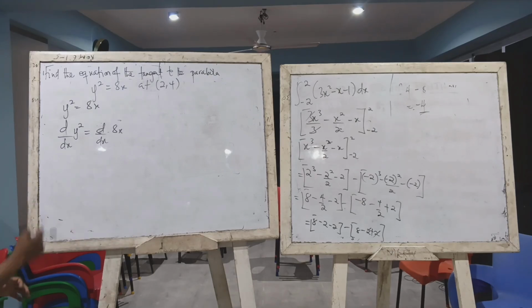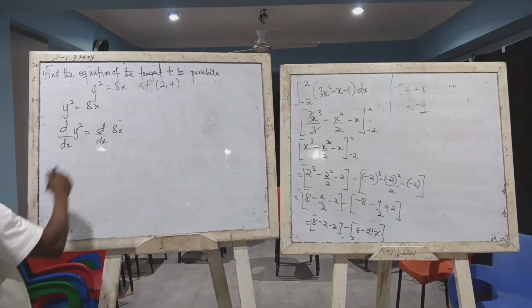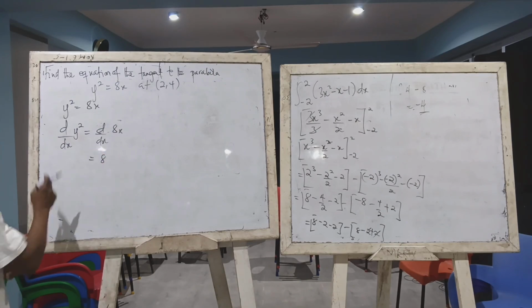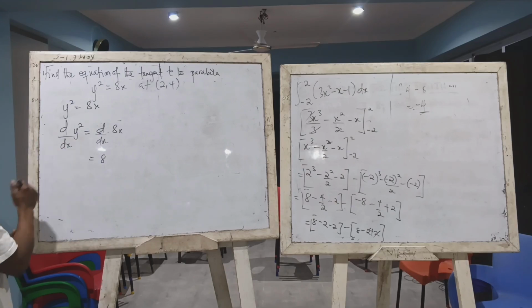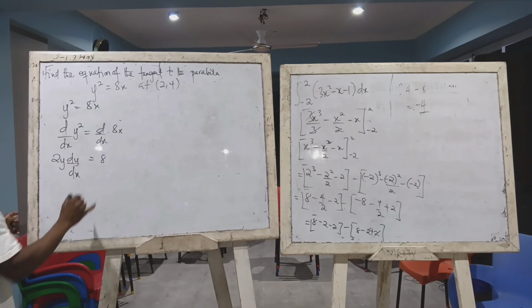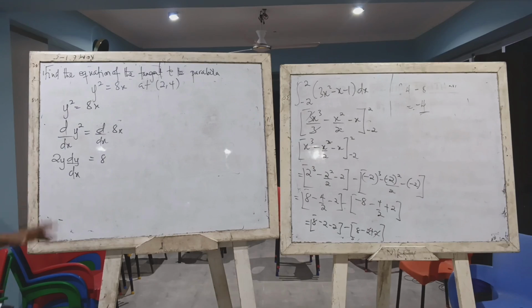Because here is x, the x will go, leaving the 8 alone, so we have 8 without a dy dx. But here, because it is y and this is dx, we are going to have 2y still having the dy dx attached to it. So this is something we have to take note of.